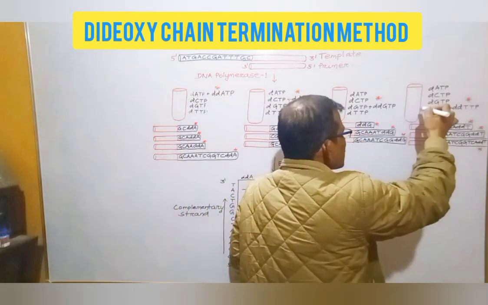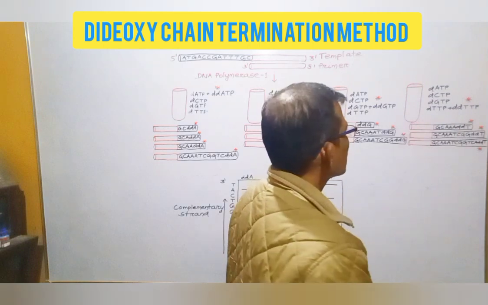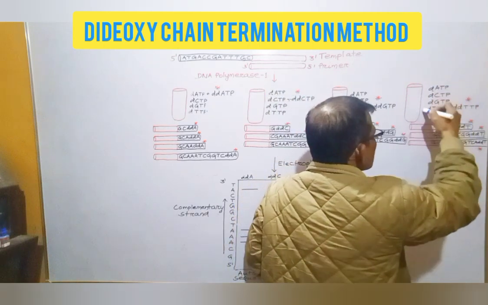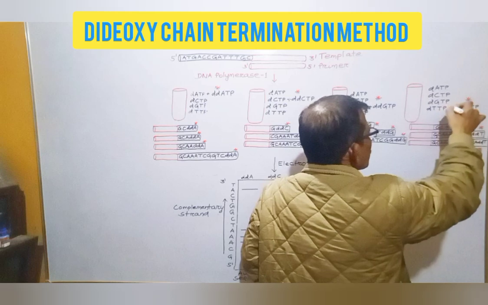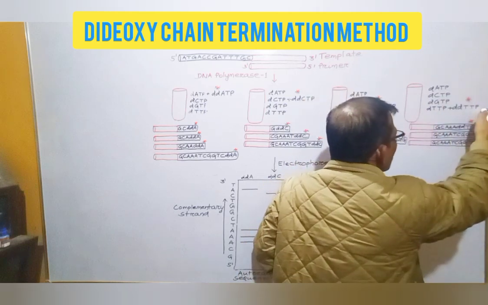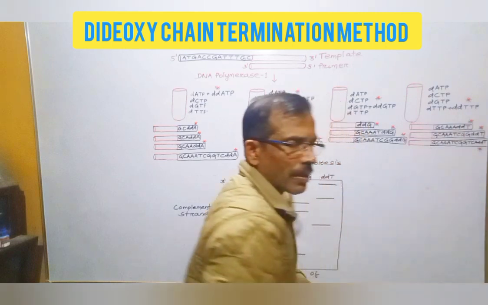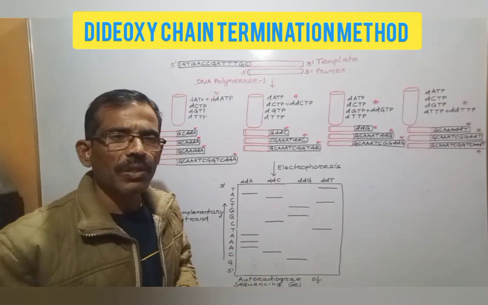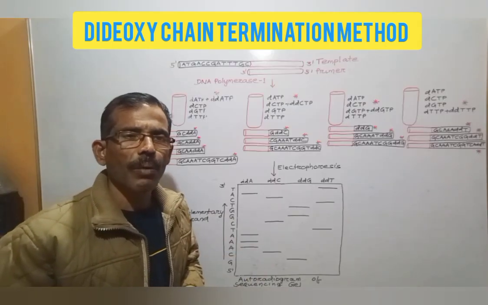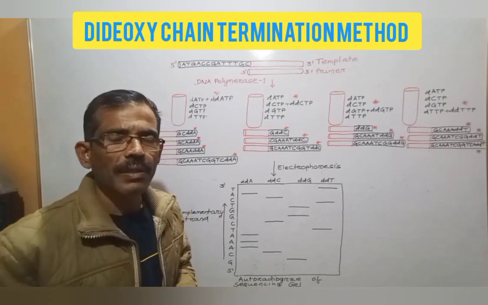And the last batch contains 4 types of deoxyribonucleoside triphosphate plus only labeled dideoxythymidine triphosphate. In addition, the reaction mixtures also contain many copies of the DNA template.